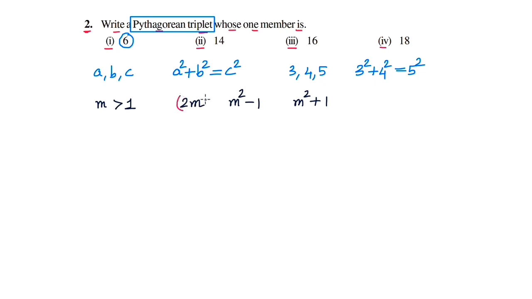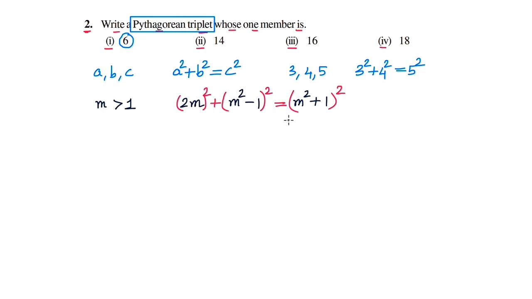Why? Because (2m) square plus (m square minus 1) square will be equal to (m square plus 1) square, and we have verified this also, right? So this is the result that we are going to apply in our question.